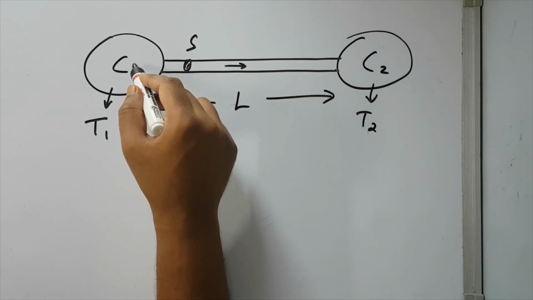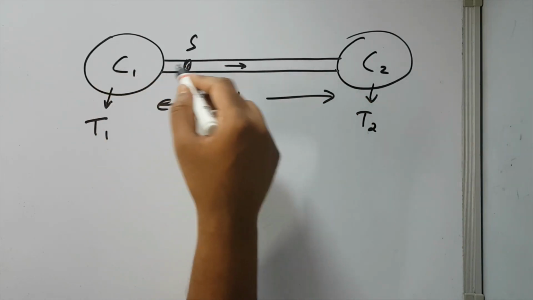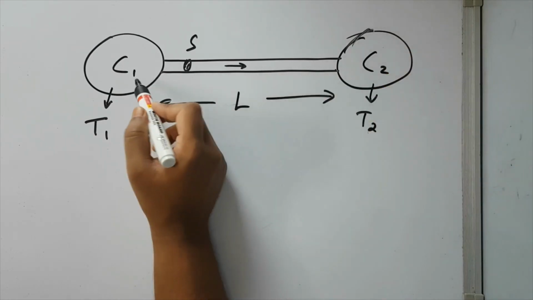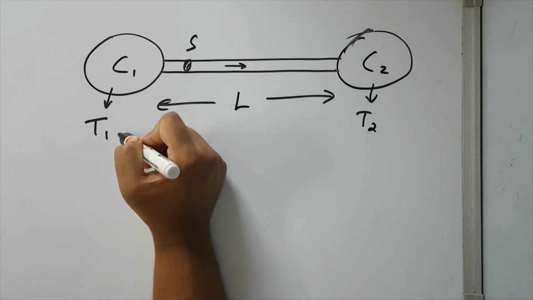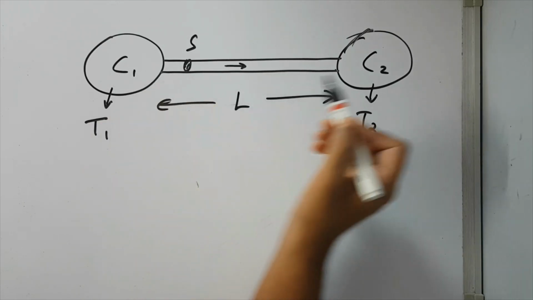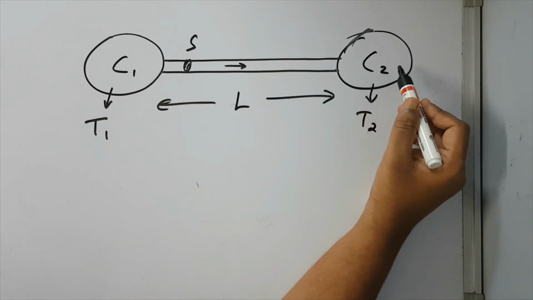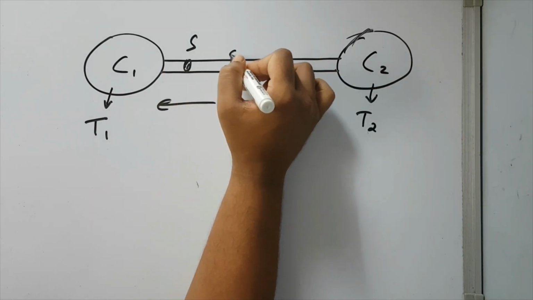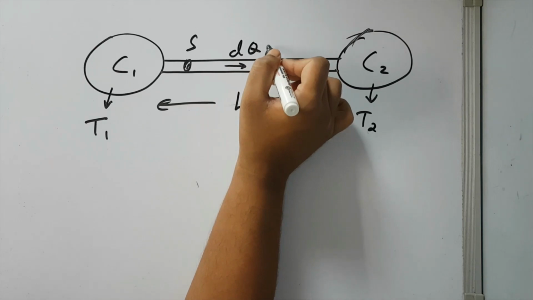So C1 lost some heat and the same heat has been transferred to C2. So the temperature of body 1 would decrease and that of body 2 would increase.